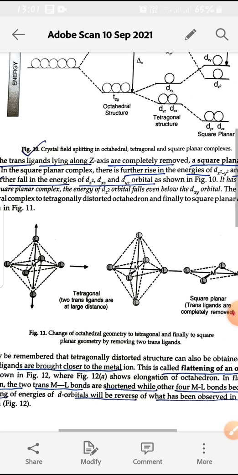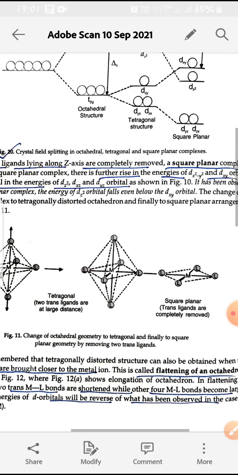As we know, along the x and y axis the ligands come closer to the metal ion and the distance decreases. Due to the close distance between the metal and ligand, there will be more repulsion between the ligands and the metal dx square minus y square, which lies along the axis, and therefore its energy increases because there is more repulsion as compared to dz square.